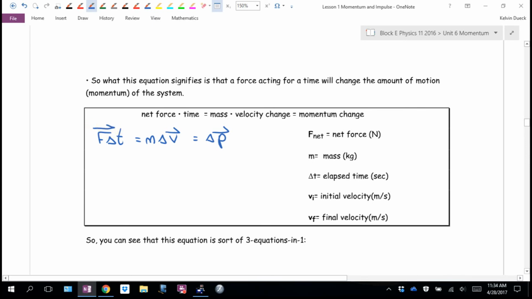The F should also have a vector on it. And what this also says is the direction of the change in velocity, that'll be the direction that you apply the force in. That's where your direction comes from. If you're pushing to the east, the direction of your impulse, your change in velocity, is to the east.